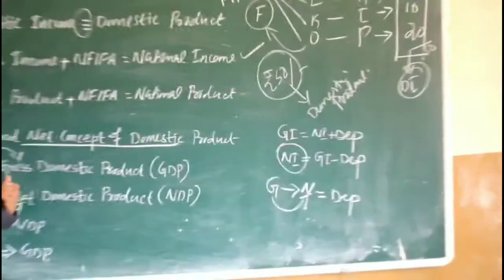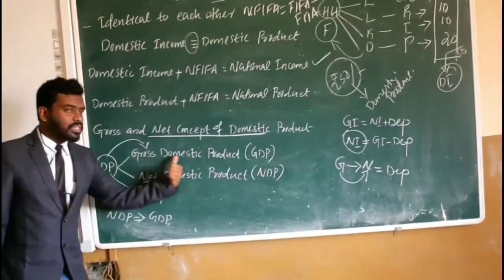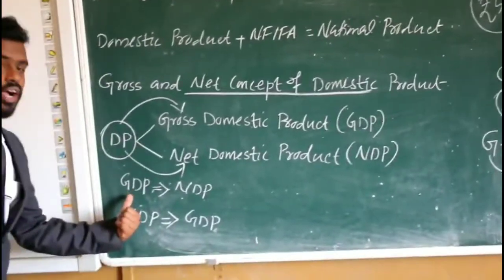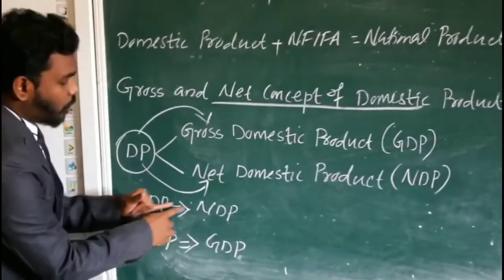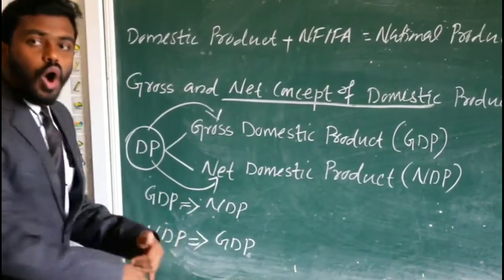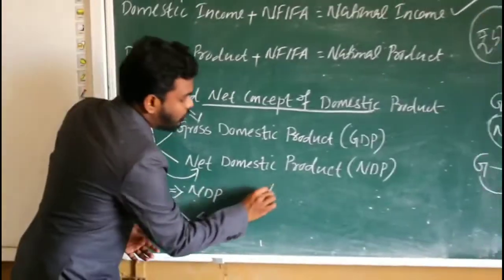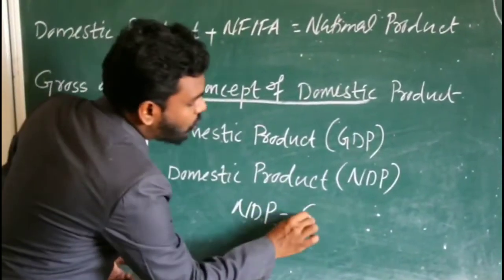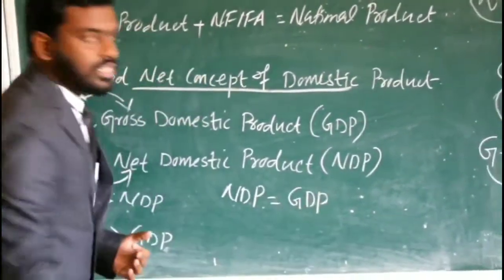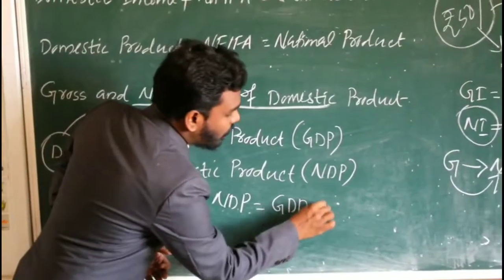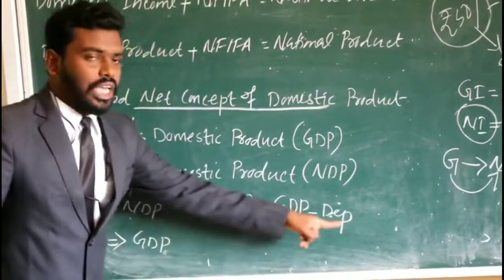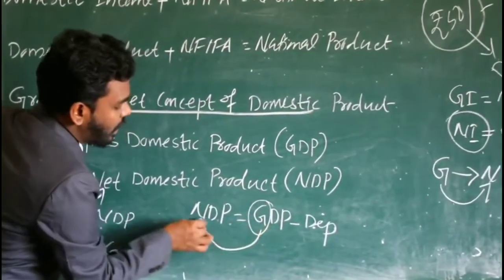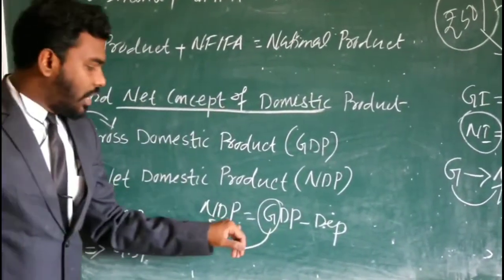Here it is the same thing for gross domestic product and net domestic product. If we want to convert gross domestic product into net domestic product, how can we convert? Net domestic product is equal to gross domestic product minus depreciation. If we subtract depreciation, this G will change to N, and we will get NDP.